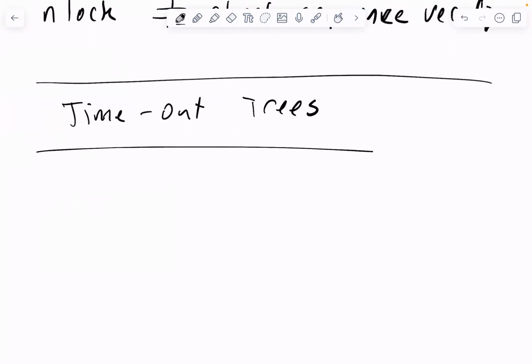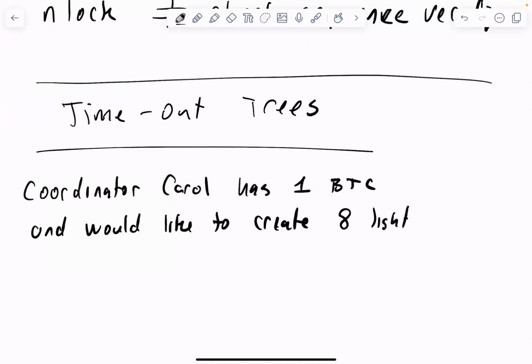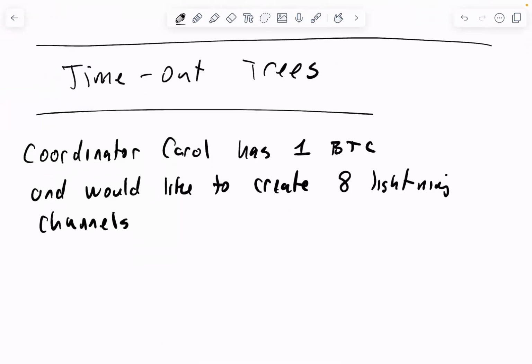So the idea now is, let's say the coordinator, say Carol, has 1 Bitcoin and would like to, just to keep it simple, create 8 Lightning channels. Now, you can always just do this, create 8 Lightning channels.